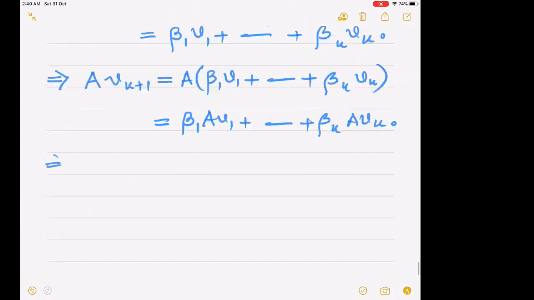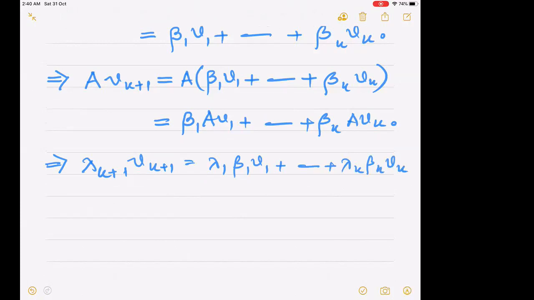But remember, these satisfy that this is lambda k plus 1 vk plus 1. This is lambda 1 beta 1 v1 plus dot dot dot up to lambda k beta k vk. Is that all right?